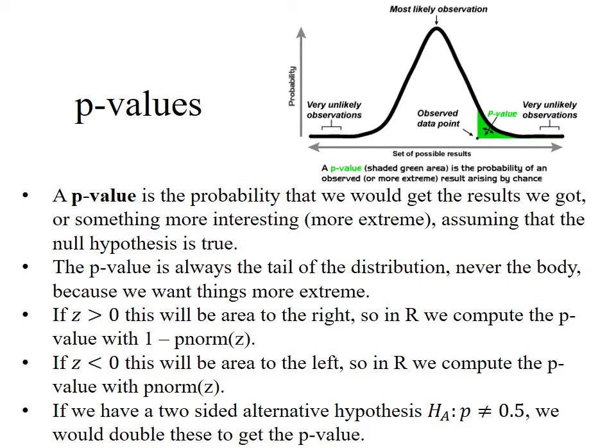So whatever we get from whichever tail, we would double it to get the p-value. If my alternative hypothesis says that this doesn't equal something, then once I do my computation with R, I multiply that by 2, because I would have been just as interested in getting something in the positive sense as in the negative sense.